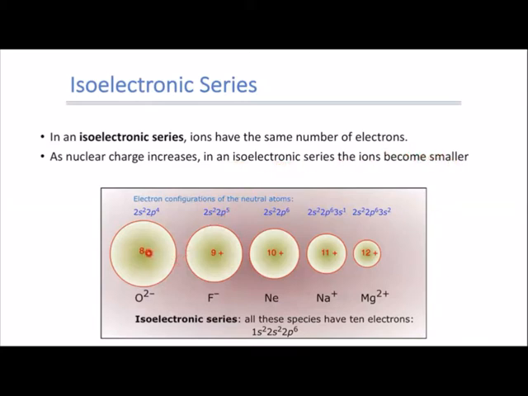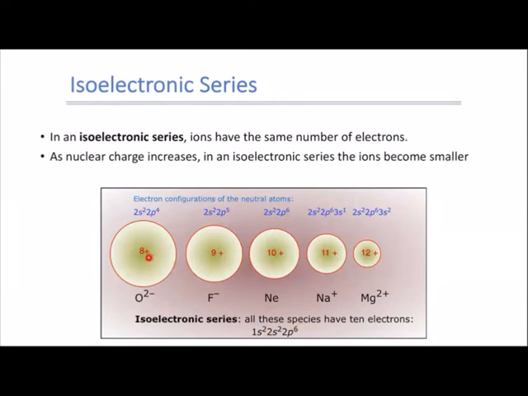So if we look at that, I have oxygen or an oxide ion with a -2 charge, fluoride ion with a -1 charge, neon, sodium plus, and magnesium ion. All of these different elements in their ion form have the same 10 electrons, and they all have the electronic configuration of 1s2, 2s2, 2p6.